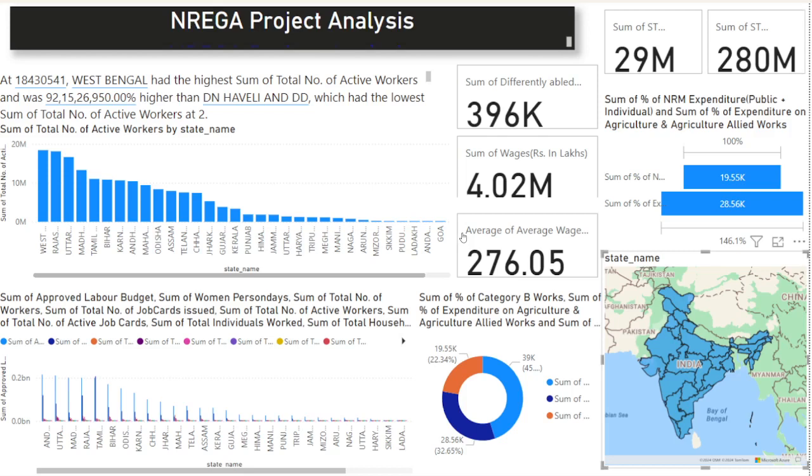Total number of households that completed 100 days of wage employment. ST workers against active workers. Average wage per day. This is the average of total number of households that completed wage employment. ST workers against active workers for different states.